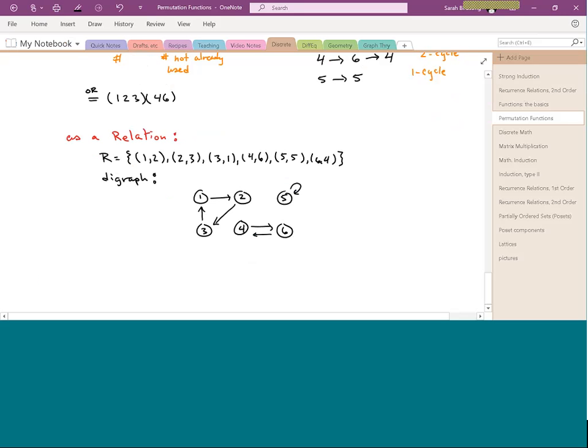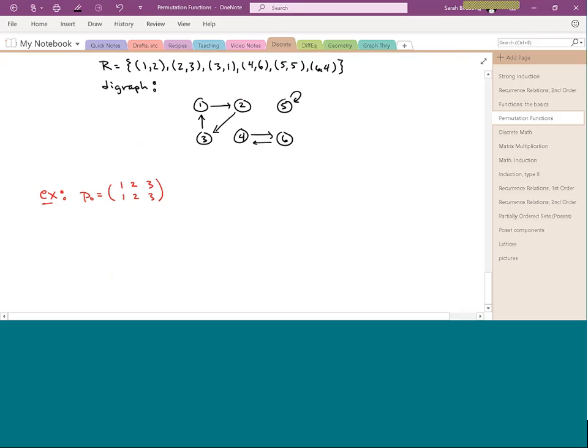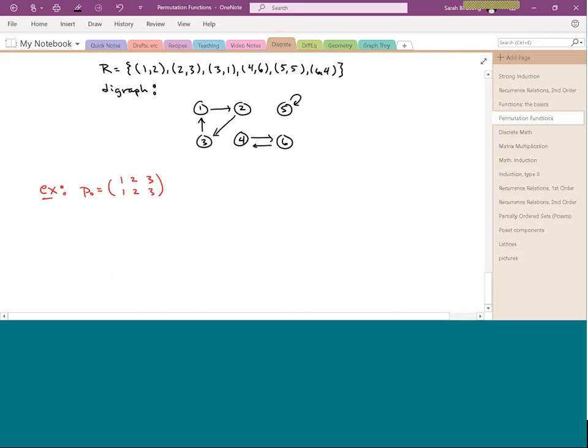Suppose we go back and look at the function that we looked at a while back, our identity function on the building set 1, 2, 3. If we write this particular function as its product of disjoint cycles, notice what happens.